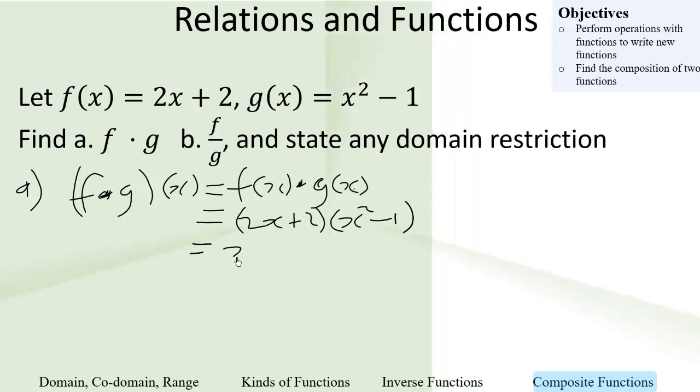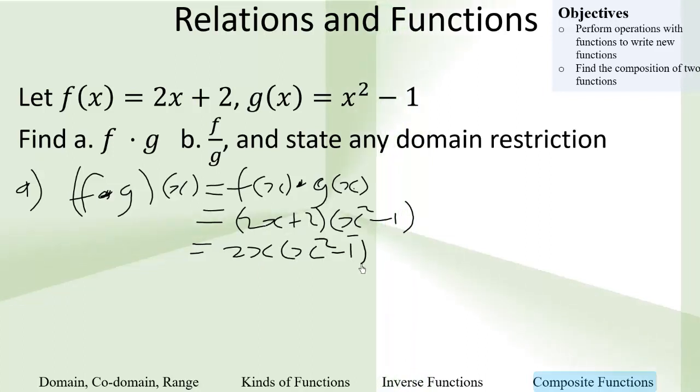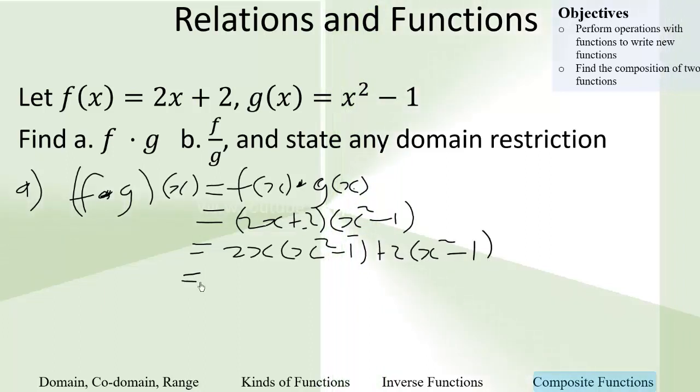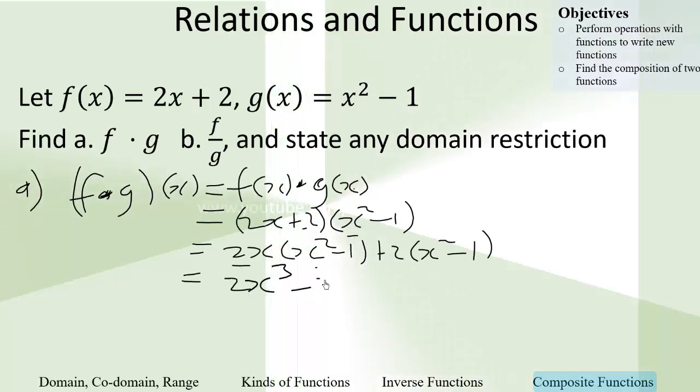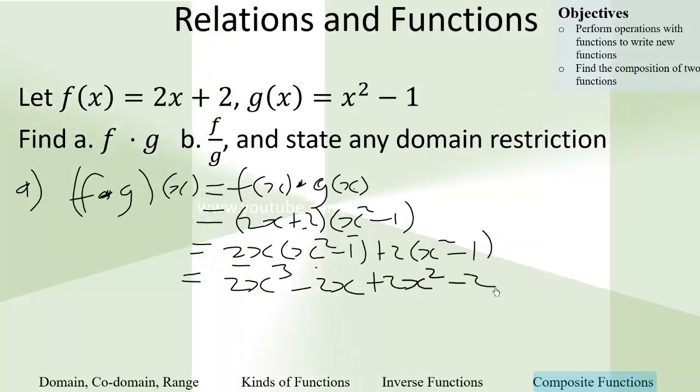So the distributive property will give us 2x times x squared minus 1 and plus 2 into brackets x squared minus 1. So this and this will give us 2x exponent 3 minus 2x. Then we have plus 2x squared minus 2.